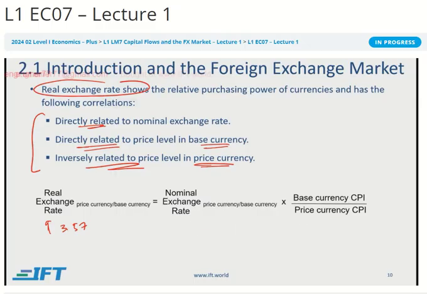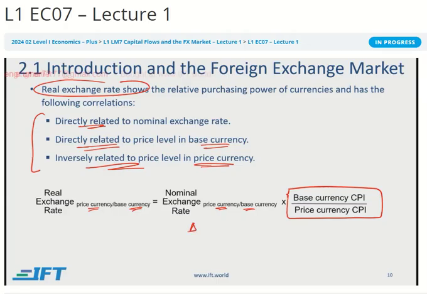What you should just remember is that we are having price in the numerator, base in the denominator. But for this last part, it is upside down. The CPI is having the base in the numerator and the price in the denominator.